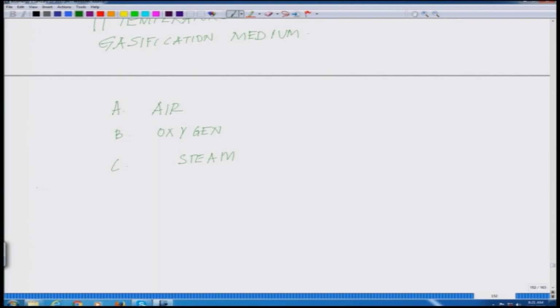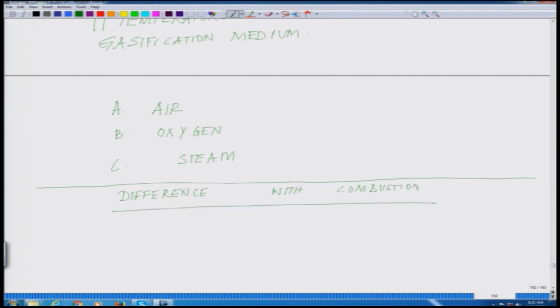Okay. Now, what is the basic difference with combustion? We will just do a one step comparison. Combustion is a process, an oxidation process, where you are burning biomass.